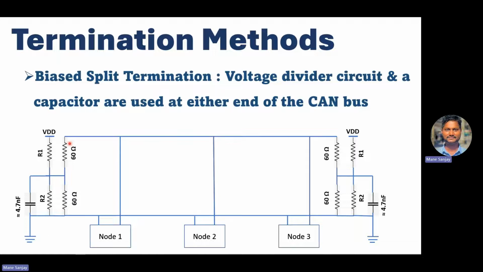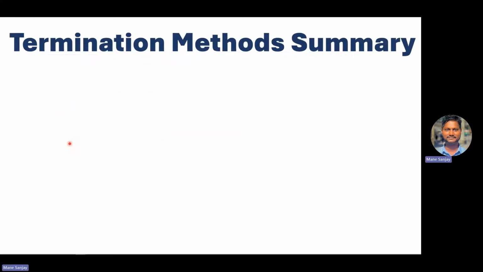So let's talk about the summary of the termination methods. Three termination methods: standard termination method, split termination method, and biased split termination method. In the standard termination method, we just used 120 ohm at both ends.